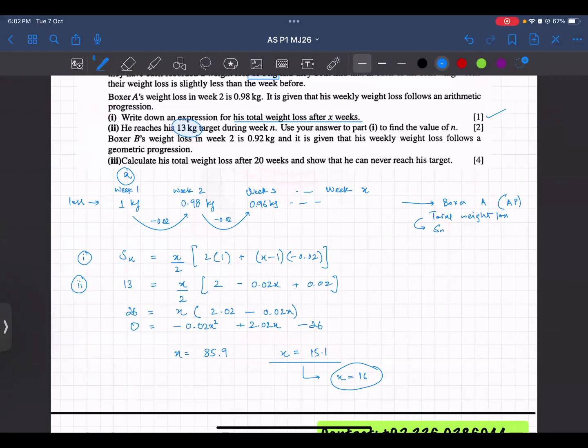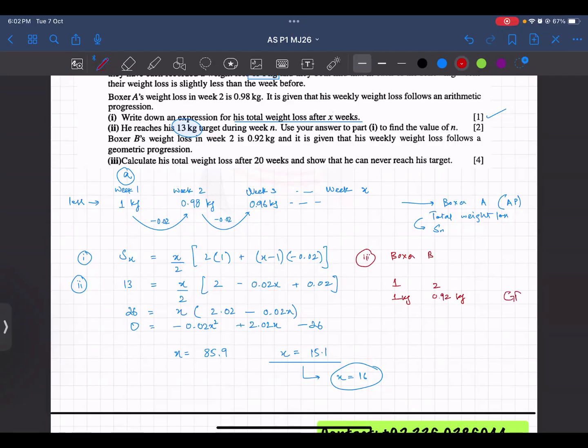Then boxer B's weight loss. Boxer B weight loss in week 2 is 0.92. So week 1 is 1 kg, week 2 is 0.92 kg, and it is given that his weekly weight loss follows the geometric progression.